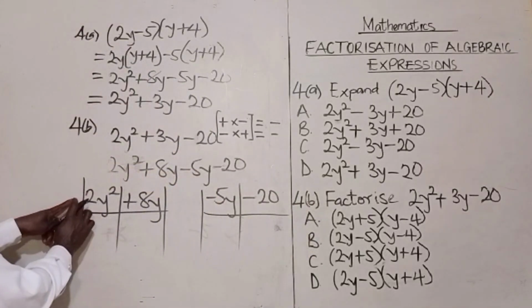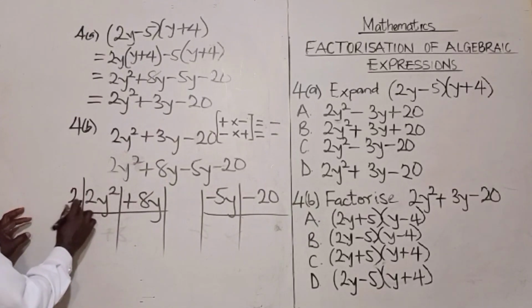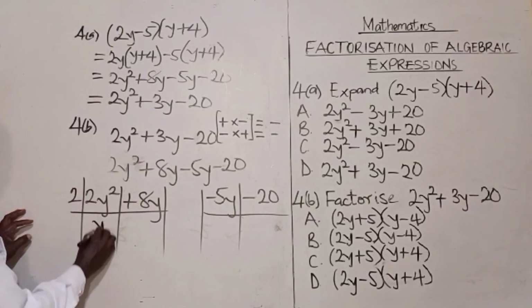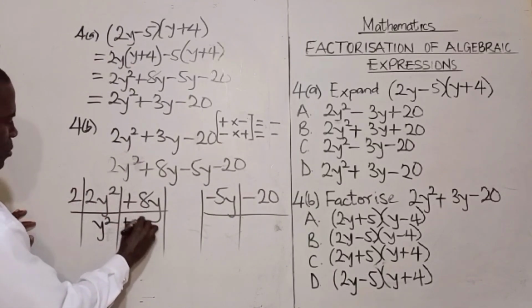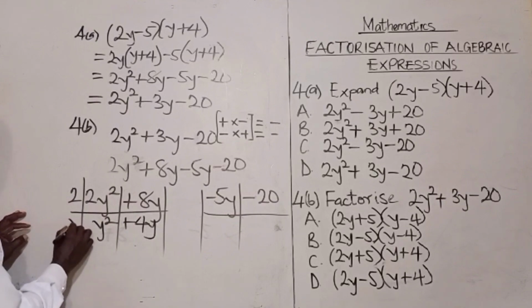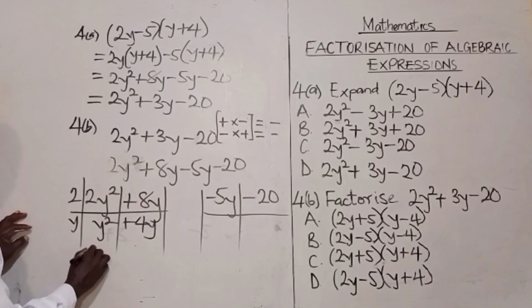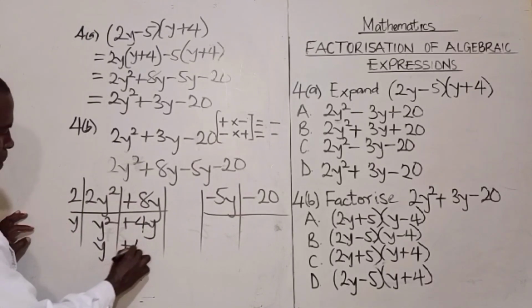Then we proceed. What is common between here and here? 2 is common. So when we use 2 to divide this one, we have y squared. When we use this 2 to divide this one, we have plus 4y. What else again is common? y is equally common. So when we divide this one by y, we have y. We divide this one by y, we have plus 4.